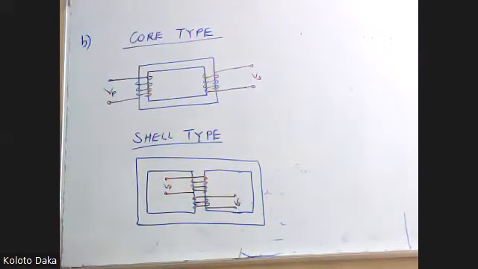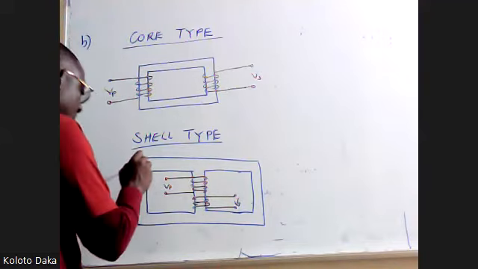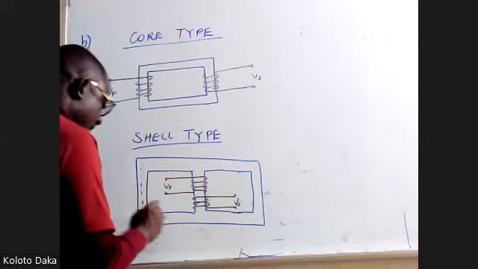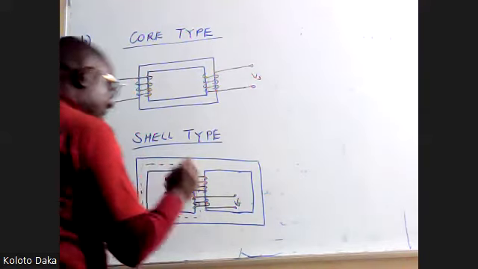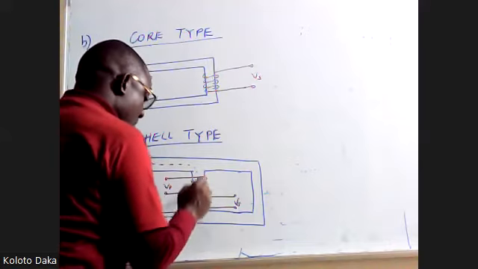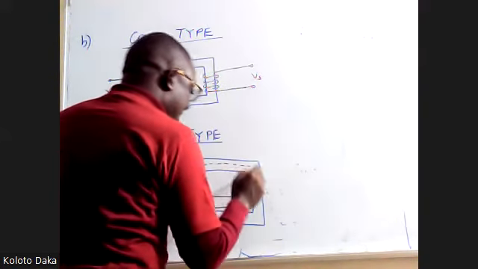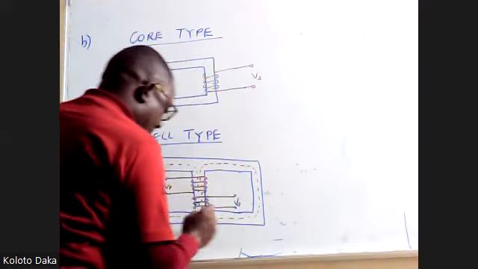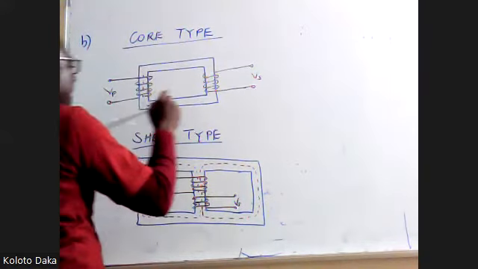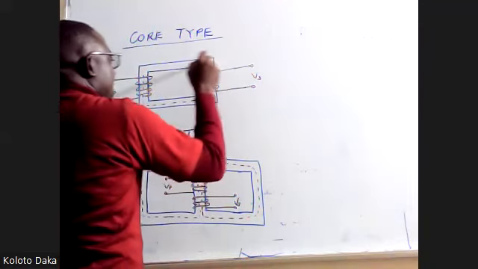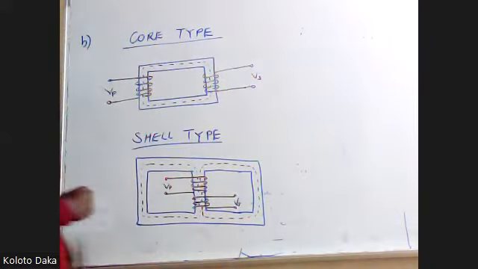This is your shell type. So, in the shell type, this is your flux, like that. Another flux goes like that. Whilst here, this is how it goes. Okay?